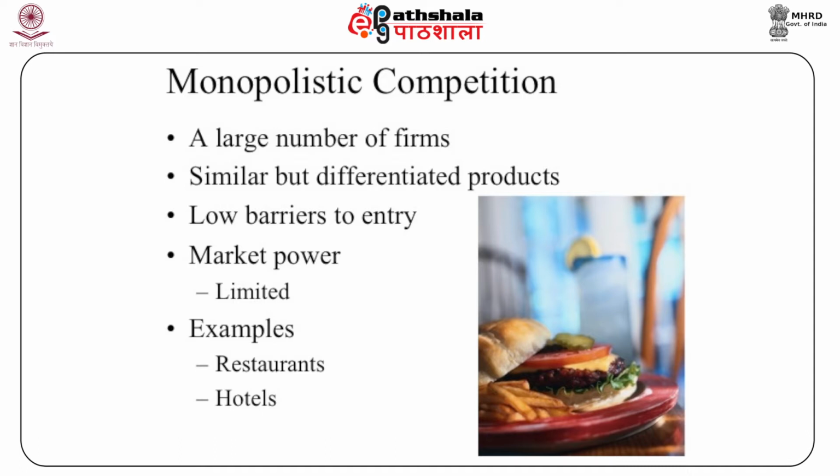The products of the competing firms are close but not perfect substitutes because for buyers they are not identical as they are slightly differentiated. This is a kind of market structure where there is competition among a large number of monopolists and therefore is known to economists as monopolistic competition.